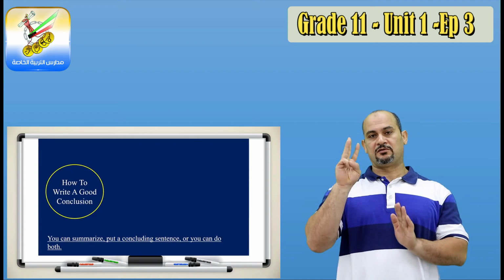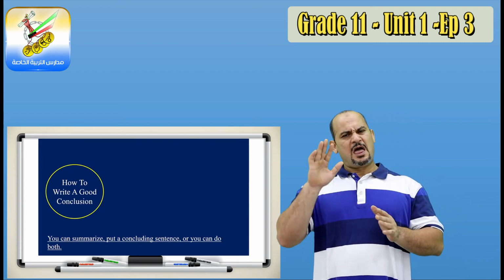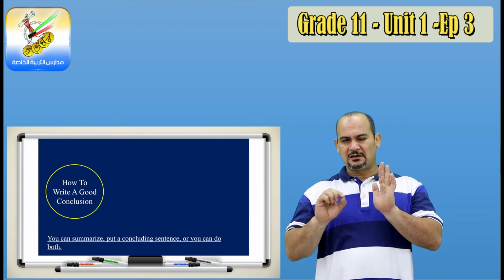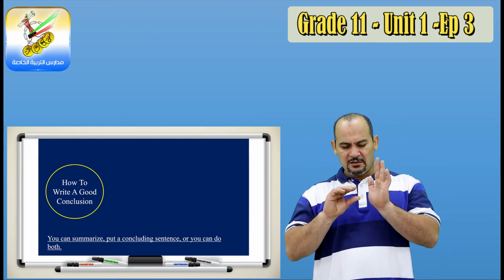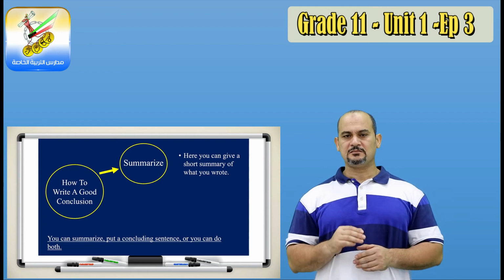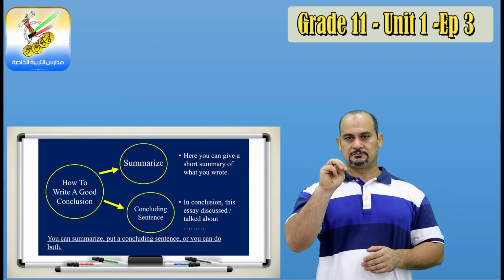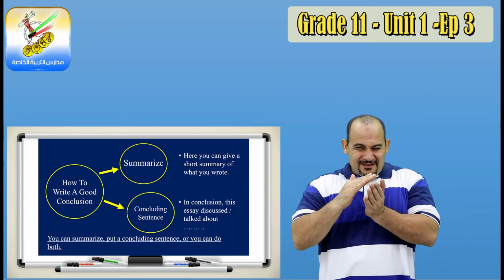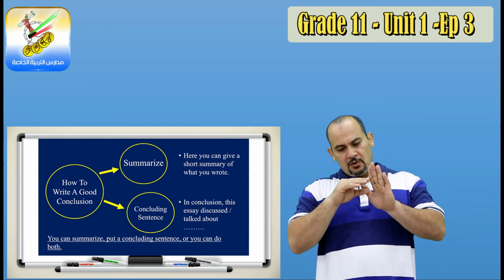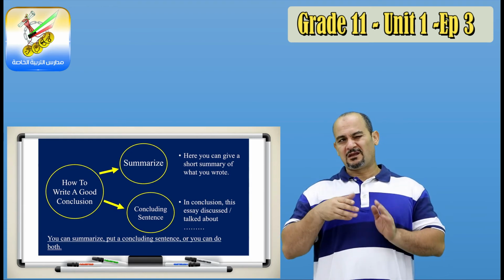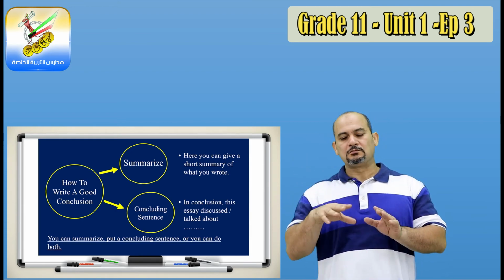For the last part related to the writing, how to write a good conclusion. You can summarize, put a concluding sentence, or you can do both. If you want to summarize, here you can give a short summary of what you wrote. When it comes to concluding sentence, in conclusion, this essay discussed, and then talk about the topic, or you can say, in this essay, we talked about, and then also continue talking about your topic.